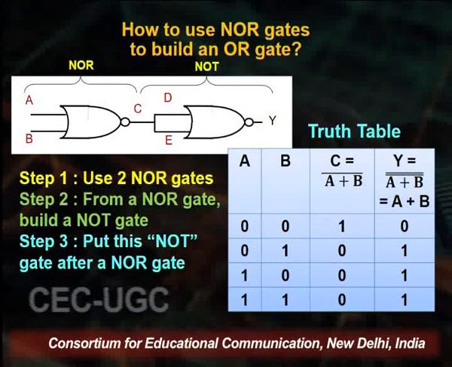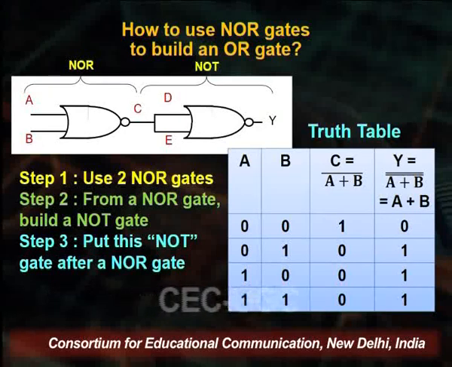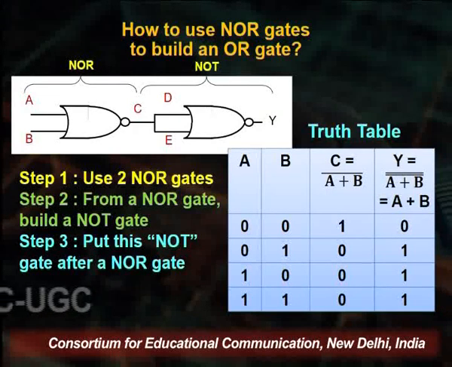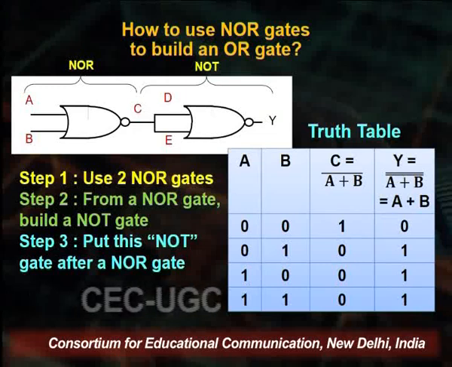So, when A is equal to 0 and B is equal to 0, then C comes out to be equal to 1. So, this input combination to the second NOR gate gives the output as 0.